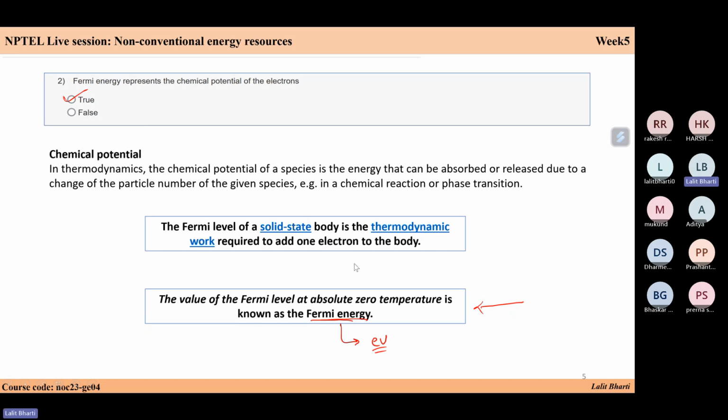And how can you measure the Fermi energy experimentally? If you want to add one more electron to the body, you have to give an equal amount of energy to that electron. So if you can measure the energy given to the electron, that will basically be your Fermi energy.